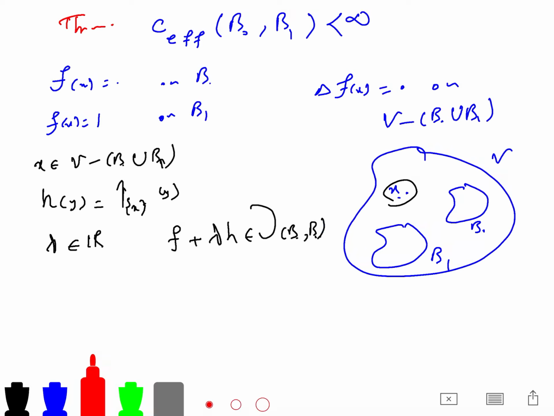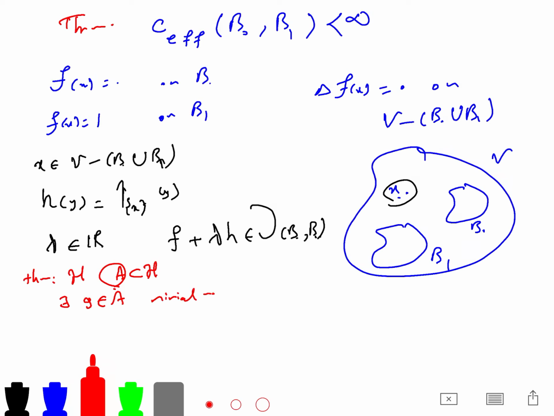In order to continue this proof, we need a simple theorem that says that if H is a Hilbert space and A is a closed, non-empty convex subset of it, then there exists a unique element in A with minimal norm.